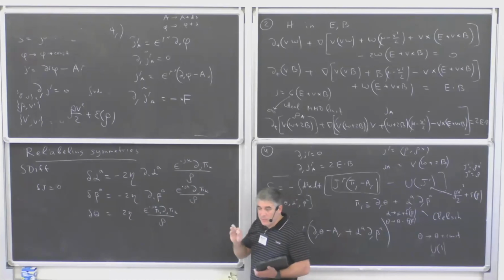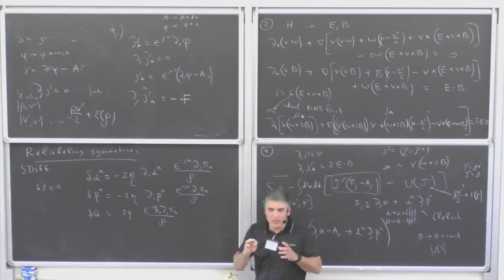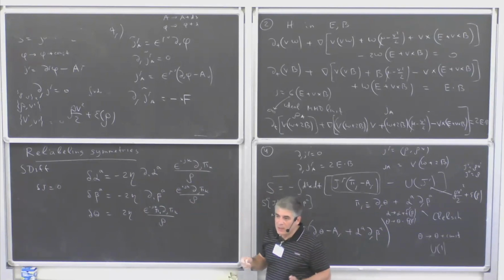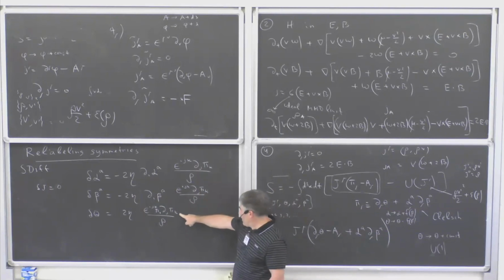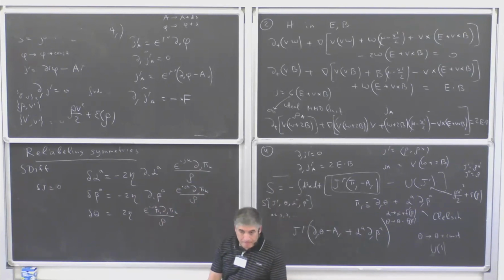You can kind of see that this has something to do with helicity, right? There's a vorticity, and if you move along the vorticity, you get helicity. And this is explicitly entered here. So this is the change.